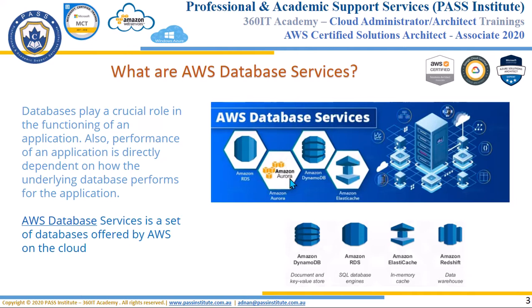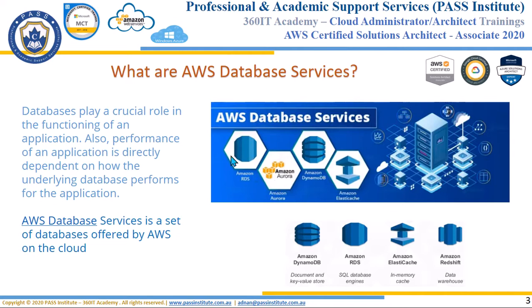Amazon ElastiCache is basically a temporary memory that is reserved and used when databases are connected to applications. I will go into more detail in another video.